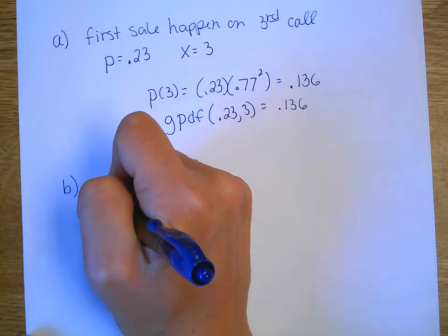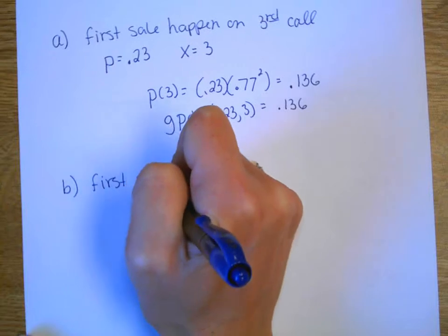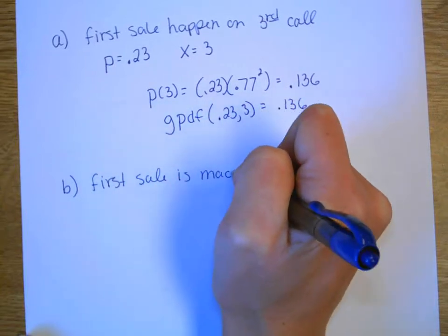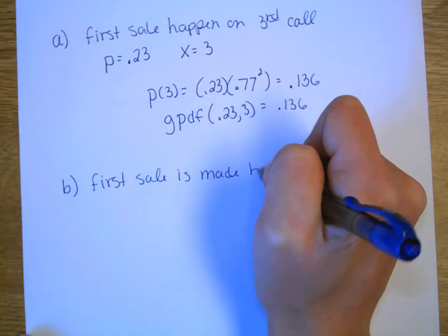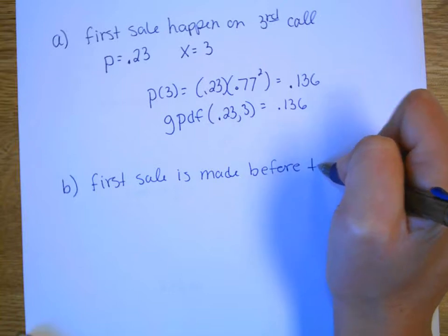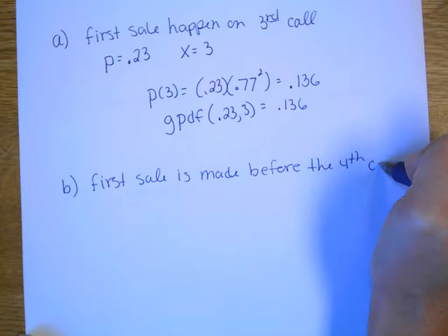Okay, now we'll say what's the probability that the first sale is made before the 4th call of the day.